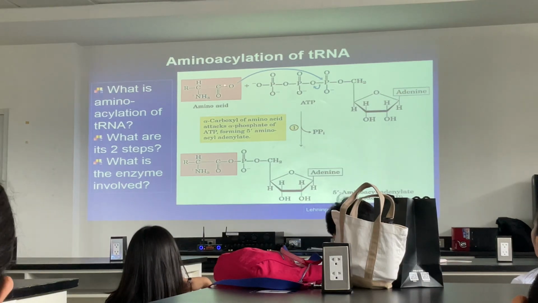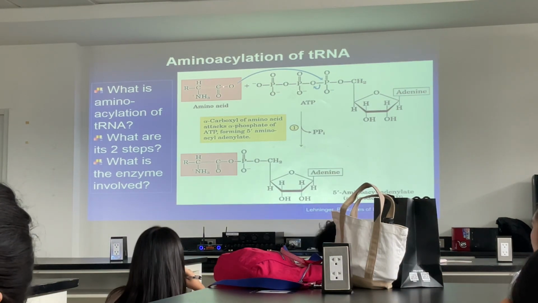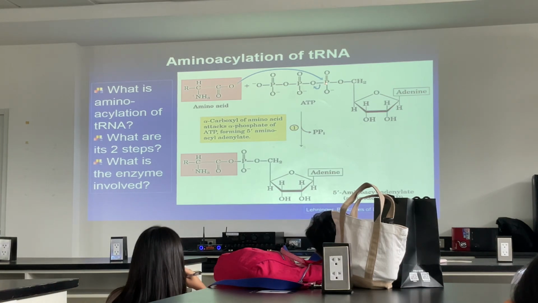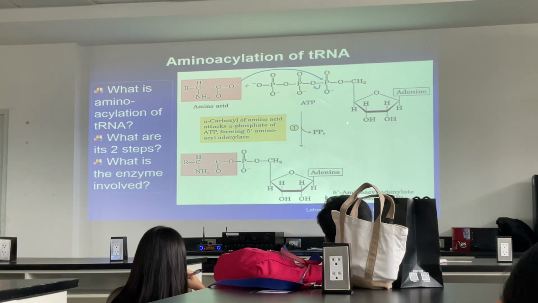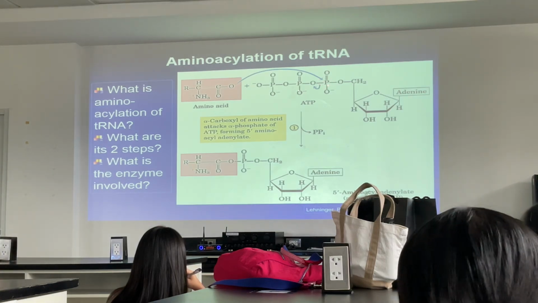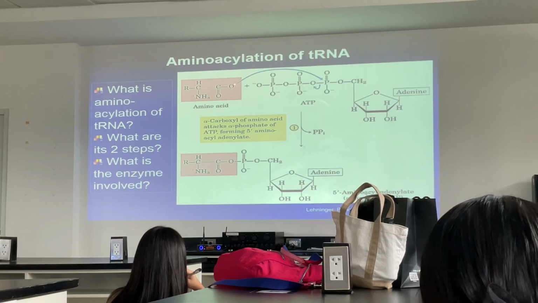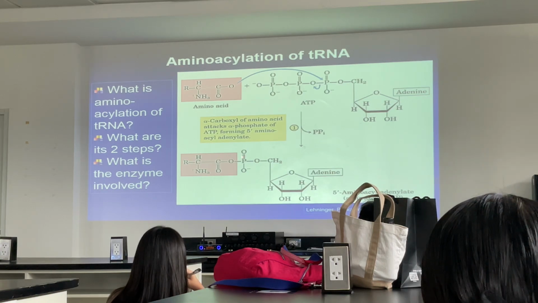And this now causes attachment of the amino acid via its carboxyl group to this phosphorus atom. So this will be cleaved here, and this phosphorus atom will accept electrons from this oxygen atom in the carboxyl group.